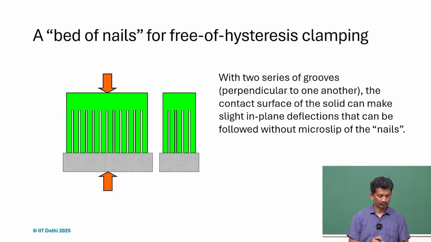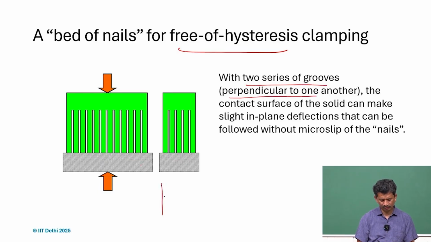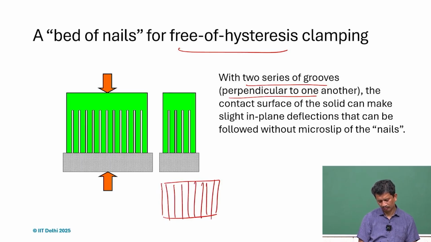So if we really want to have hysteresis-free clamping, going along similar lines, in one plane you make grooves, and for the other direction, this is the side view, then make a groove in the perpendicular direction, so two series of grooves. So at the bottom, if you see, it is more like all the slits, and these are more like individual members.